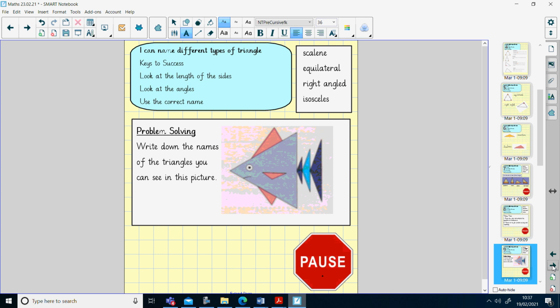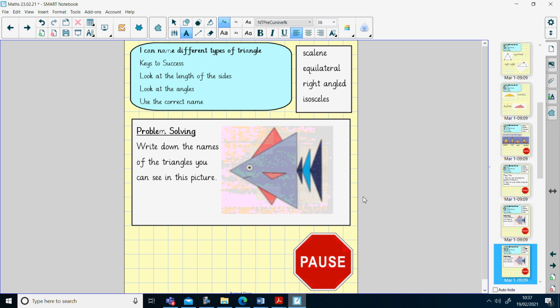Okay, so I've got a problem solving challenge for you here. I'd like you to pause the video and write down some of the names of the triangles that you can see in this fishy picture. Pause the video now and write down the names of the triangles. Okay, so hopefully you have spotted that we have got an equilateral triangle here making the body.